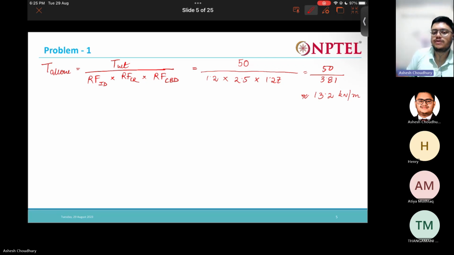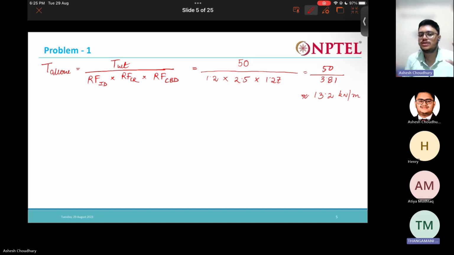That gives the load coming on each reinforcement layer, isn't it? If you can recall whatever was taught in the lecture, and I think in your assignment also problems were there.